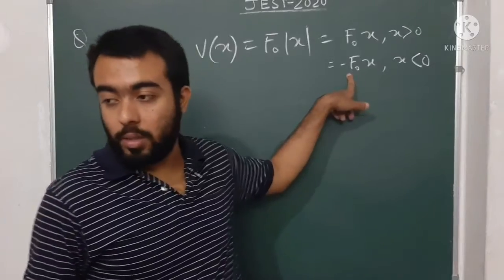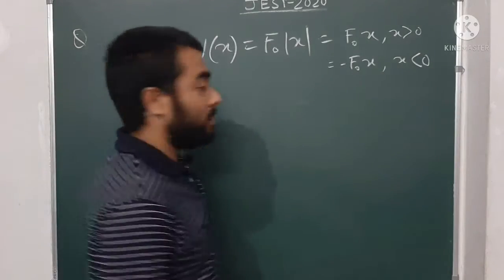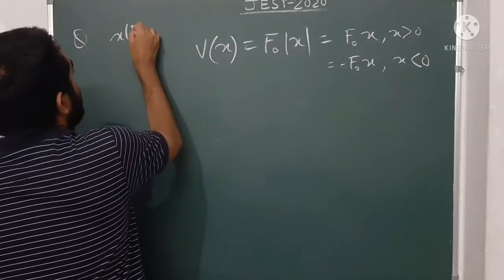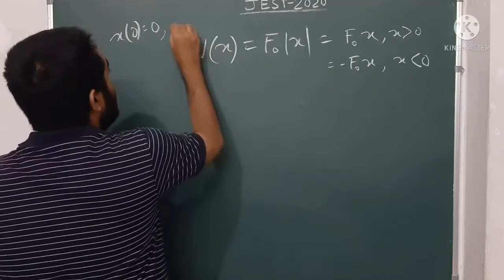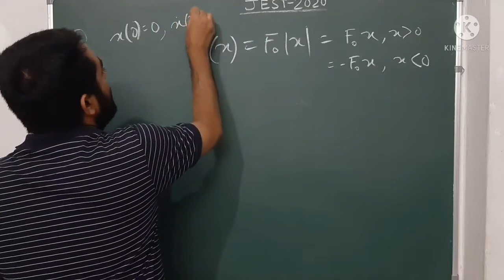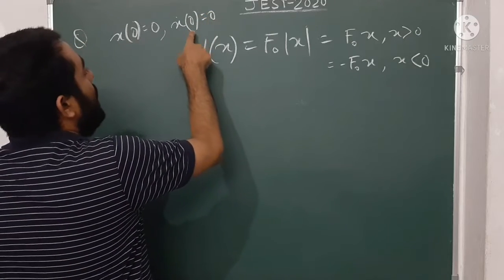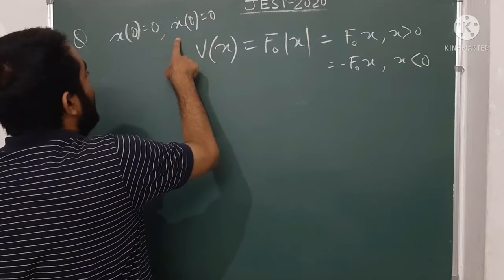F naught is a positive constant, and they have given some conditions: x dot 0 equals 0. X dot means dx dt, that means at time t equal to 0 the particle is at rest.